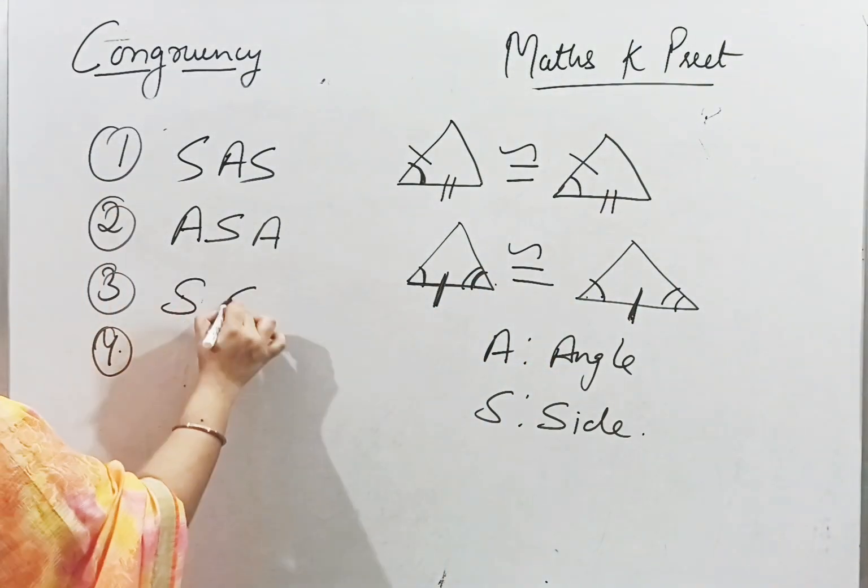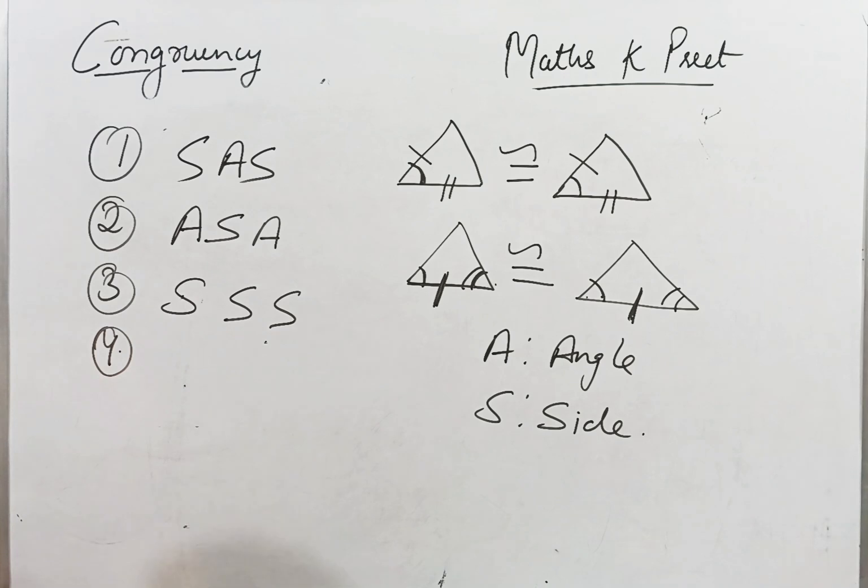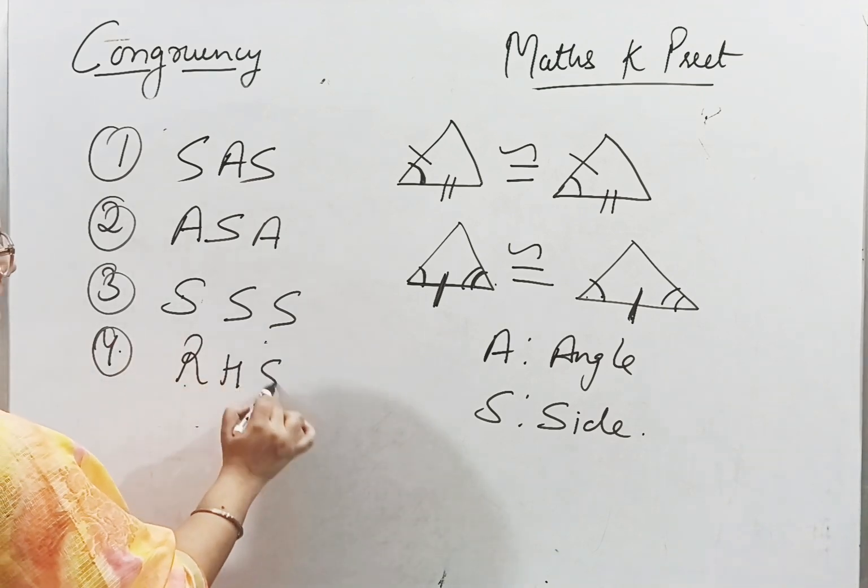Third one is side side side. When three sides of the first triangle are equal to the three sides of the second triangle, then we get the congruency of the two triangles. Fourth one is for the right angle triangle.